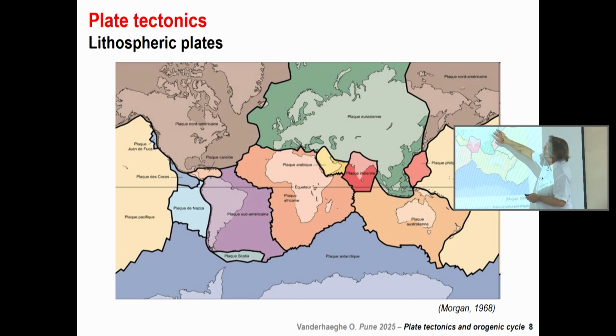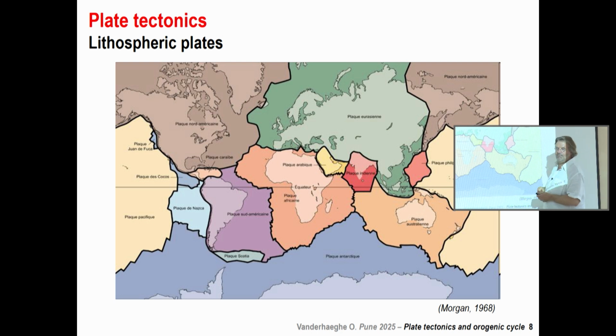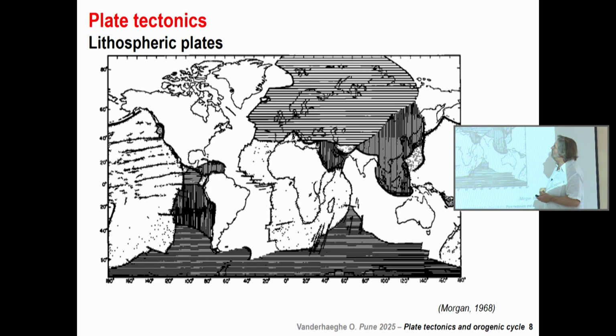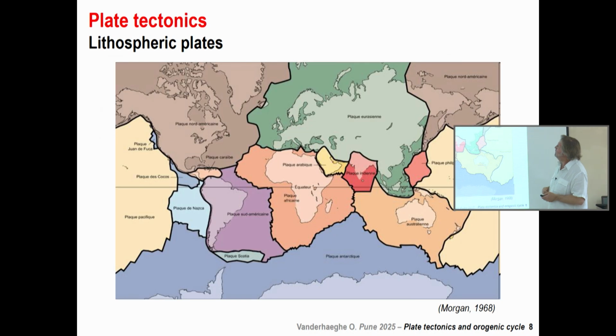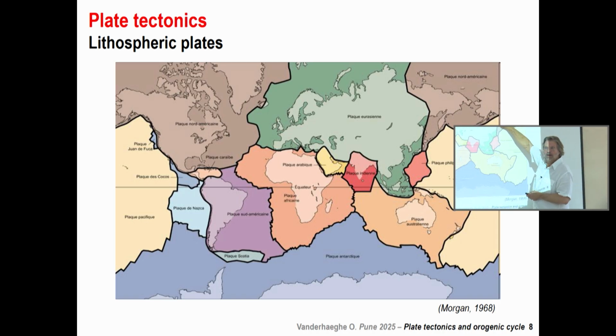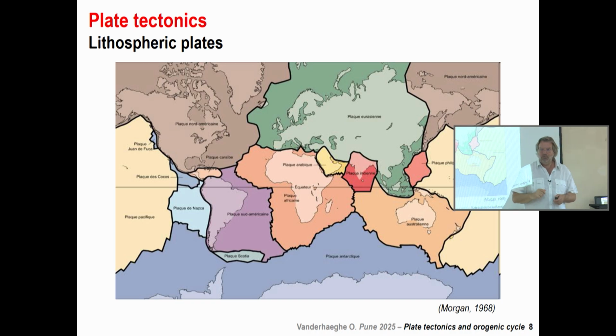Look at the Eurasian plate, North American plate boundary. See that Kamchatka and part of Siberia is North America. If you thought that you were doing neutral science, this is highly political.